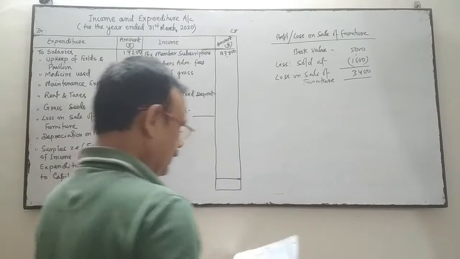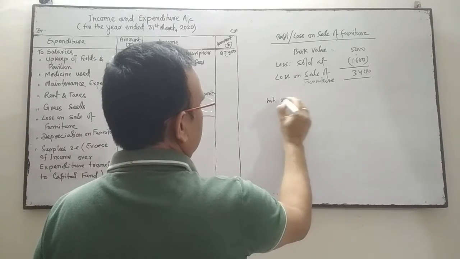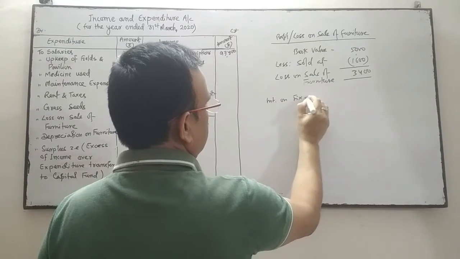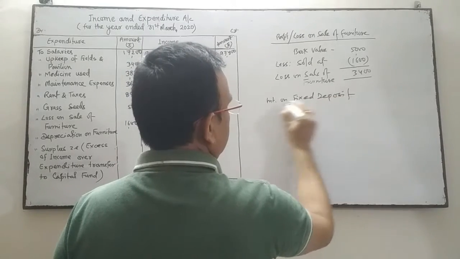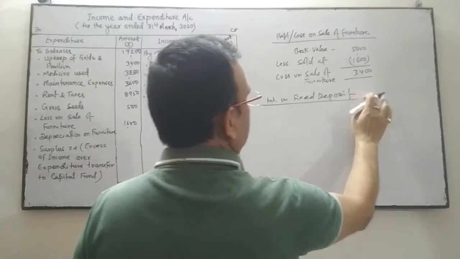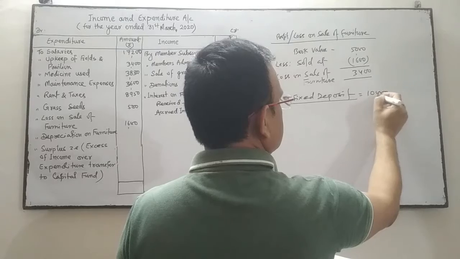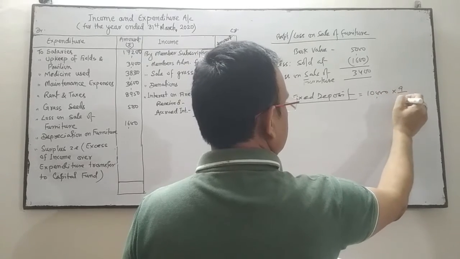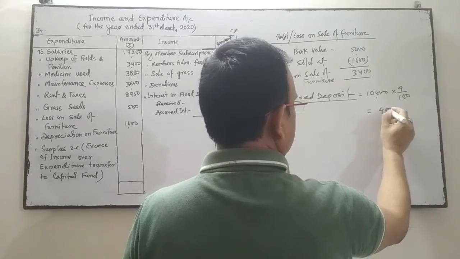Now the next working is related to interest on fixed deposit. Fixed deposit is 10,000. Rate of interest is 9%. So it is 900.